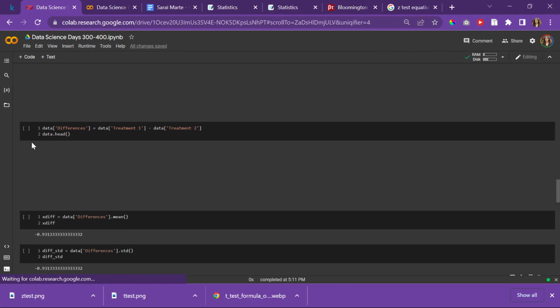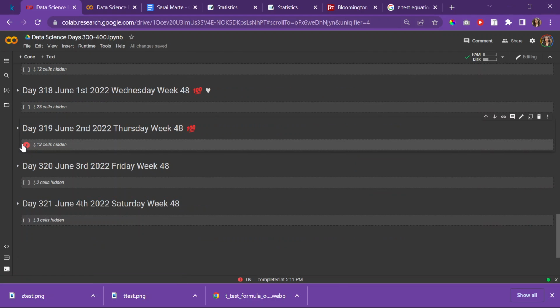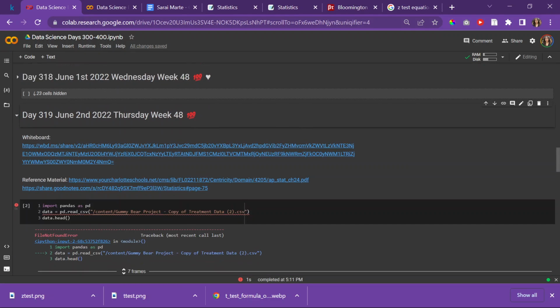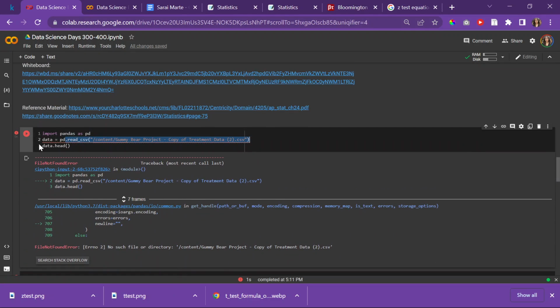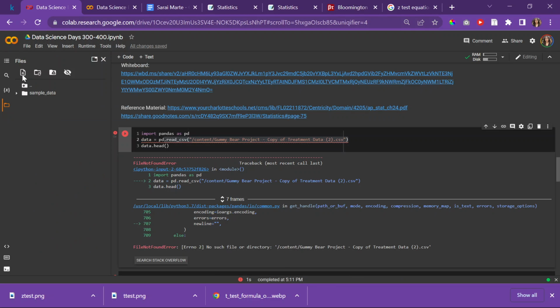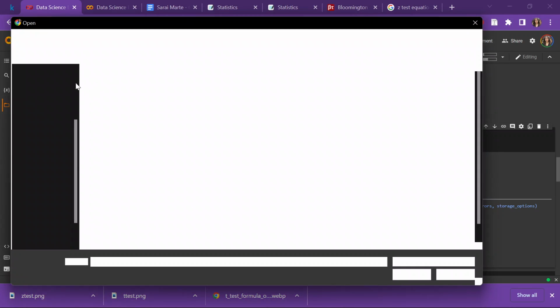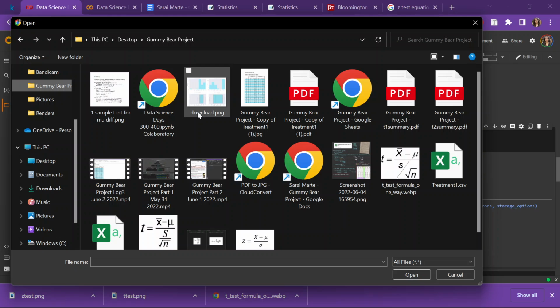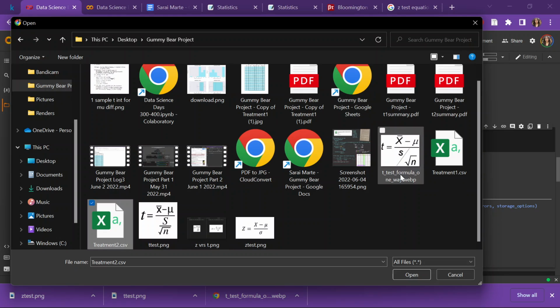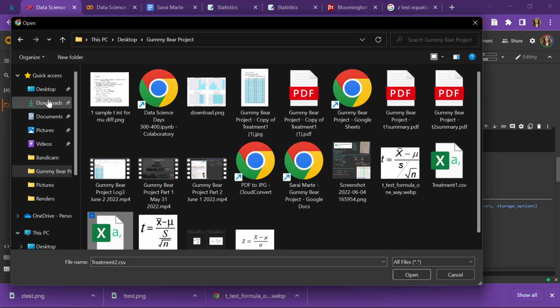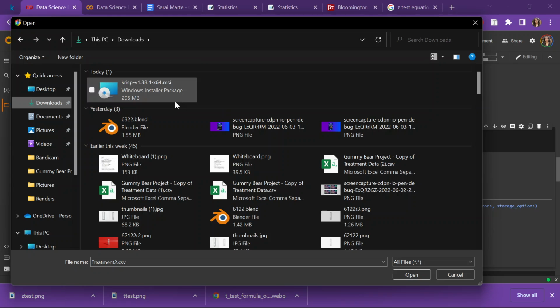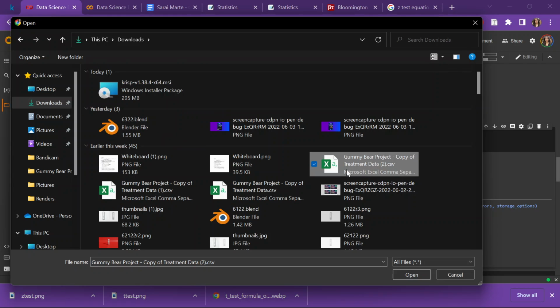All right, let me reload that and load all of it. Oh, I have to upload it again. Okay, let's go to the Gummy Bear Project. Oh, wait, I think I forgot to add it to my Gummy Bear folder.